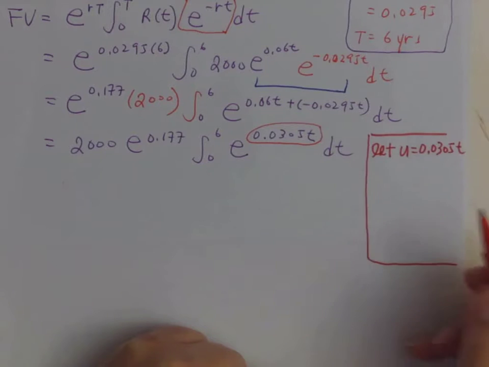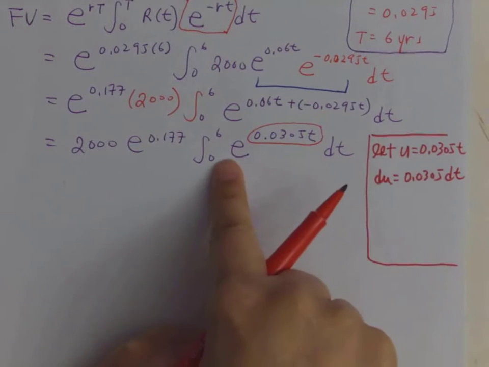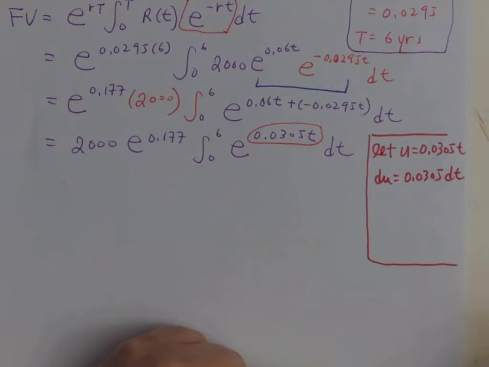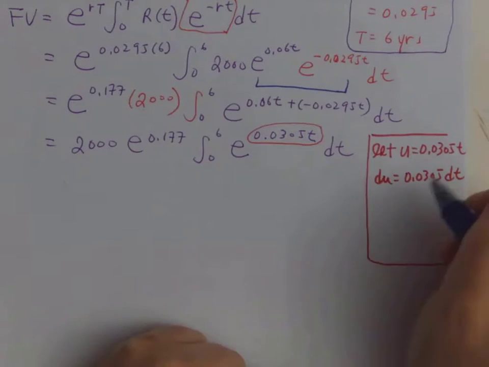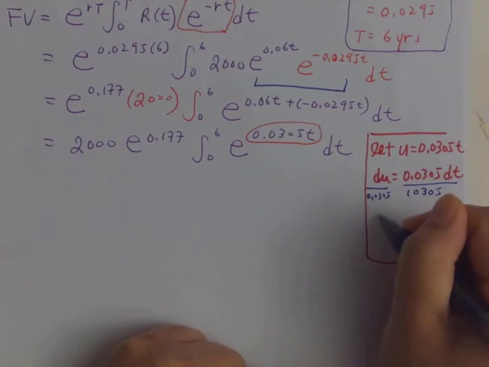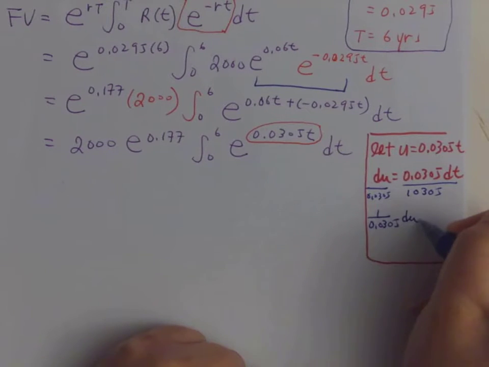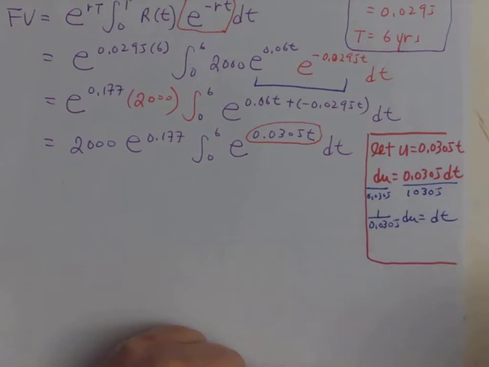Okay, so I'm going to let u equal 0.0305 t. So du is going to be 0.0305 dt, and I don't have that number here, so both sides need to be divided by that number. So 1 over 0.0305 du will equal dt. We're going to use that to substitute back into our original integral.